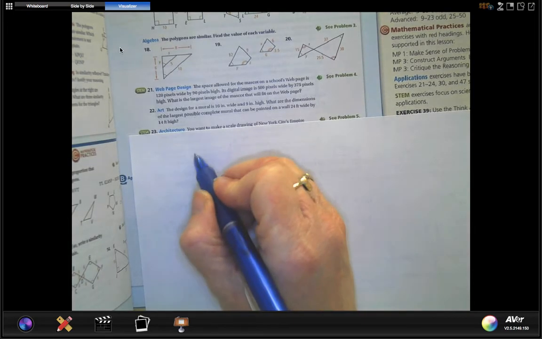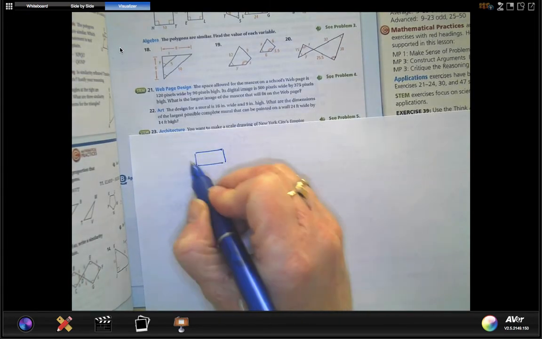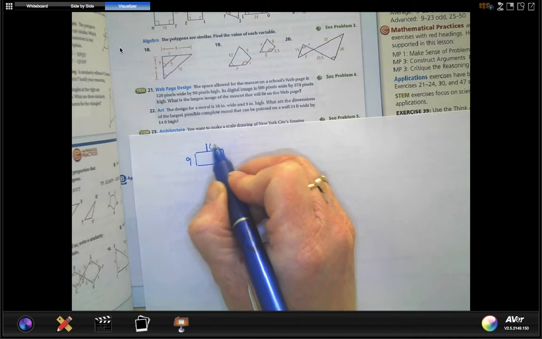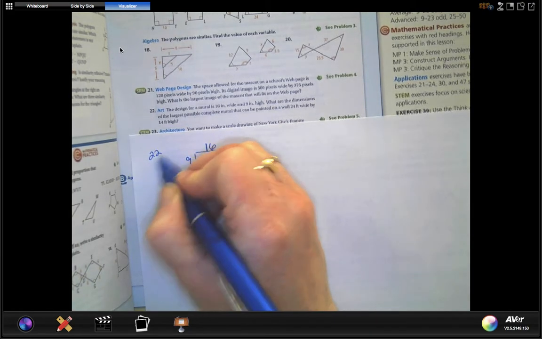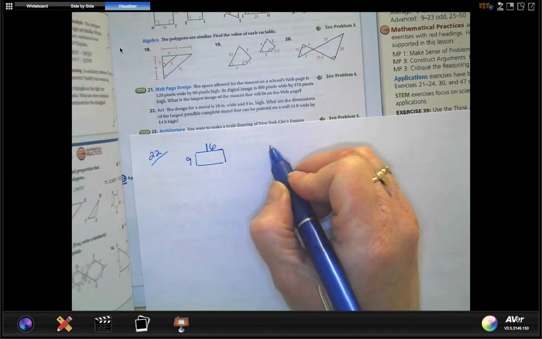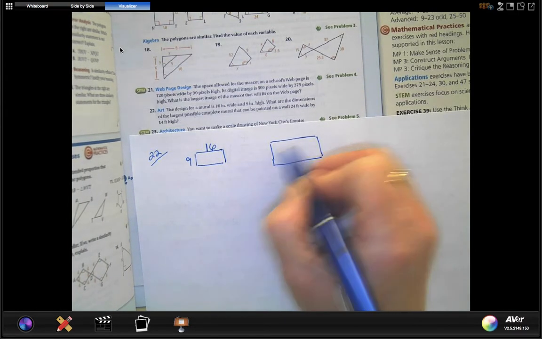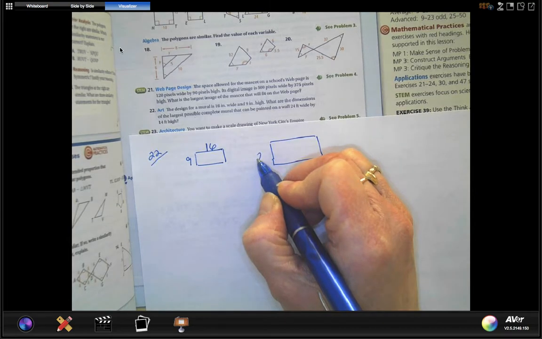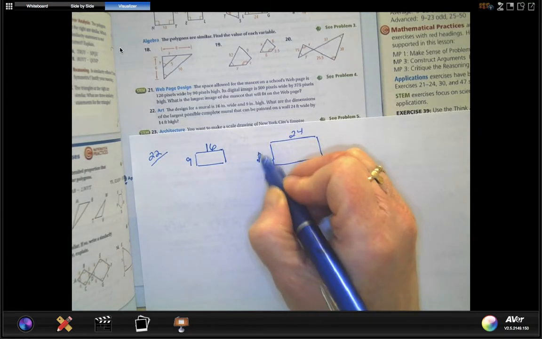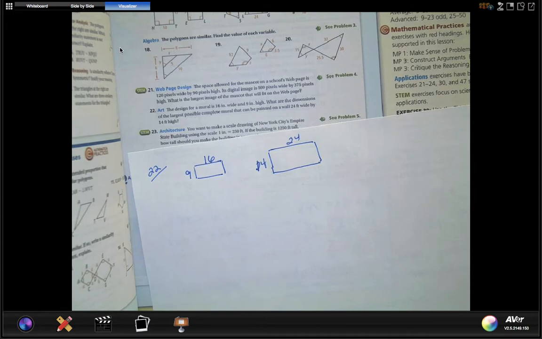We have a mural design, 9 high, 16 wide. And we want to blow it up to be 24 wide, 14 high.